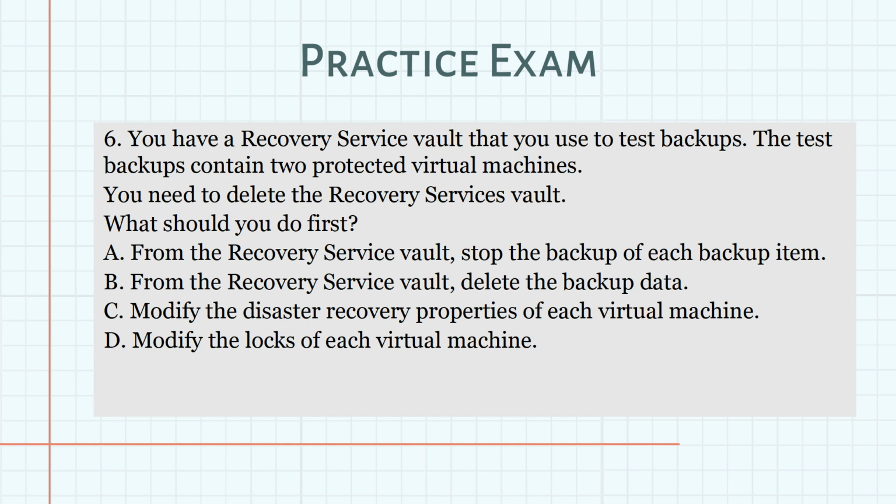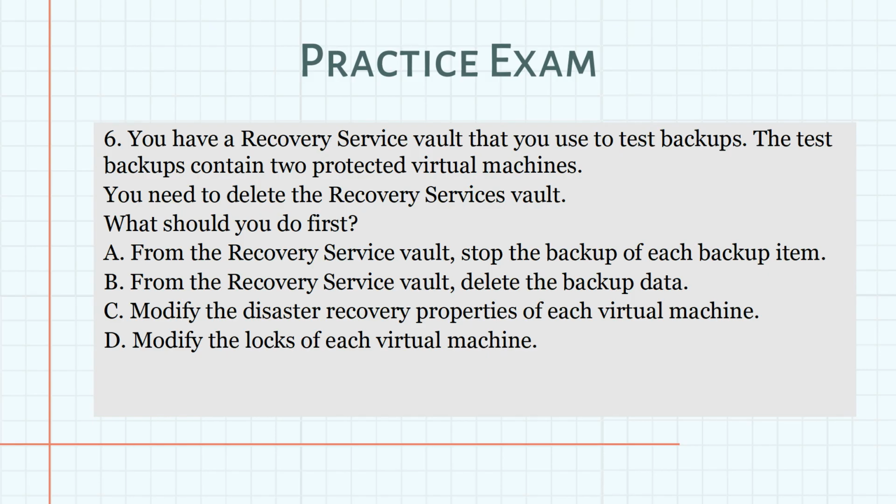6. You have a recovery services vault that you use to test backups. The test backups contain 2 protected virtual machines. You need to delete the recovery services vault. What should you do first? A. From the recovery services vault, stop the backup of each backup item.